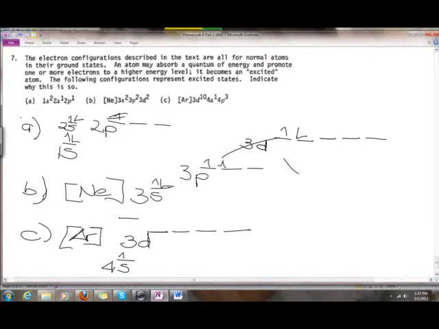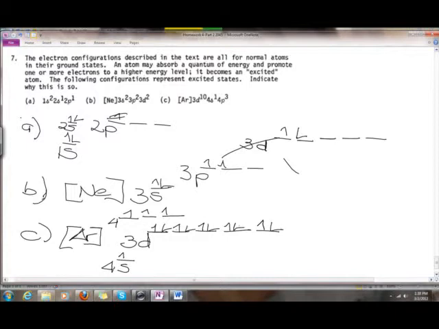And then we go to 4p3. And here is 1, 2, 3, 4, 5, 6, 7, 8, 9, and 10.